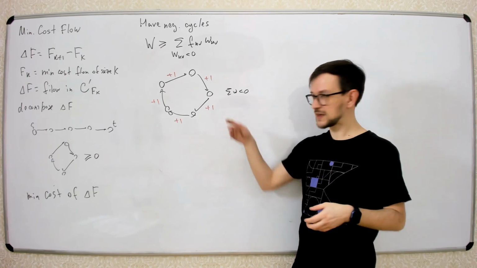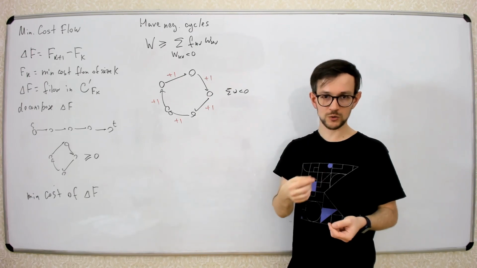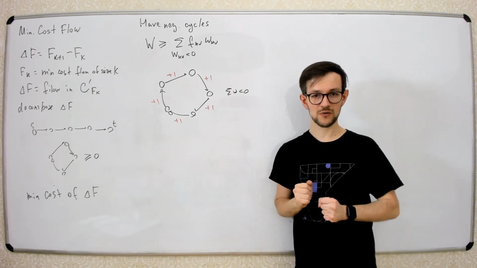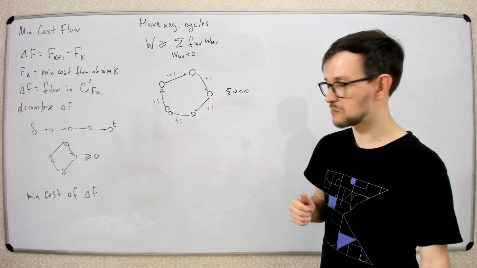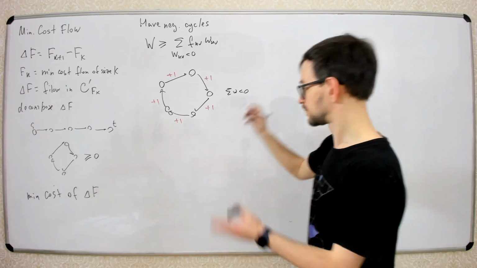Again, how do you do it? You find a negative cycle, push 1 unit of liquid. Find another negative cycle, push 1 unit of liquid. If you don't have any negative cycles, then you have a flow of minimal cost. Okay, let's prove it.